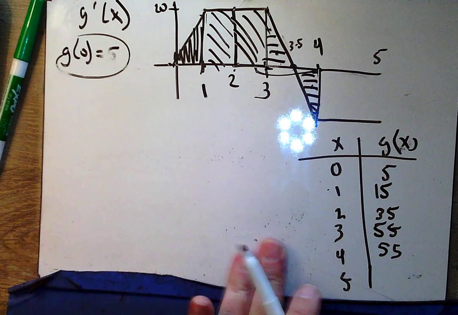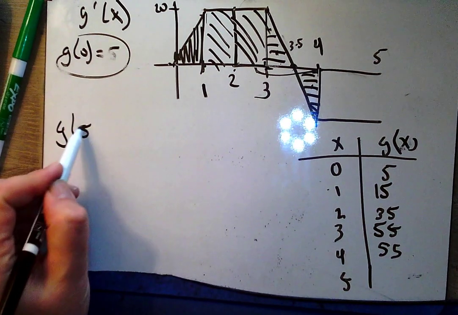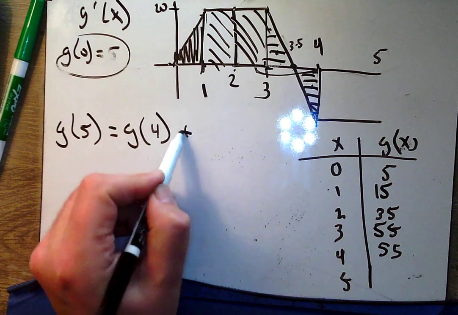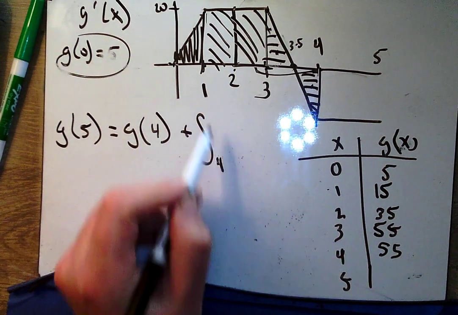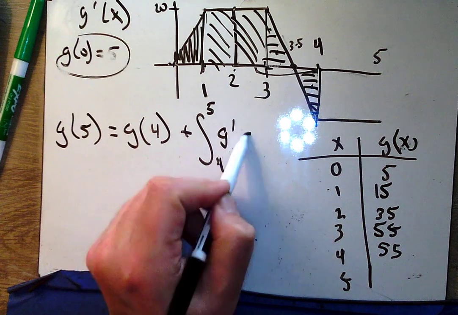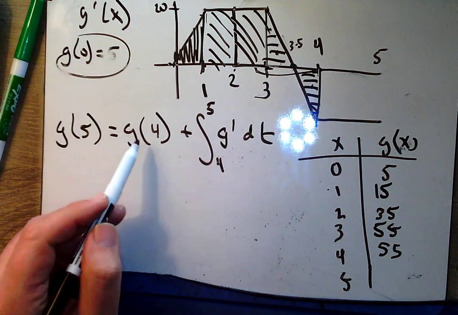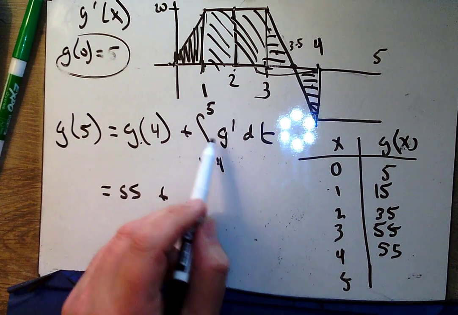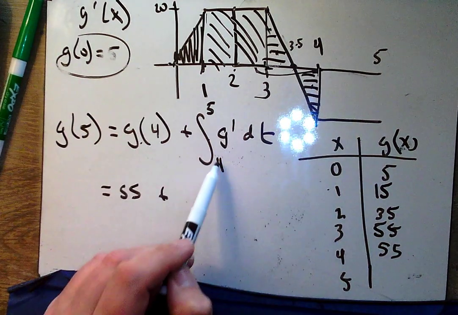Finally, number 5, g of 5 is going to be g of 4 plus the integral from 4 to 5 of g prime dt. Well, g of 4 is 55, and the integral of this graph from 4 to 5.